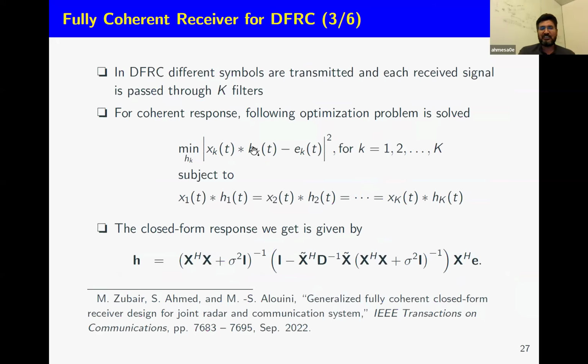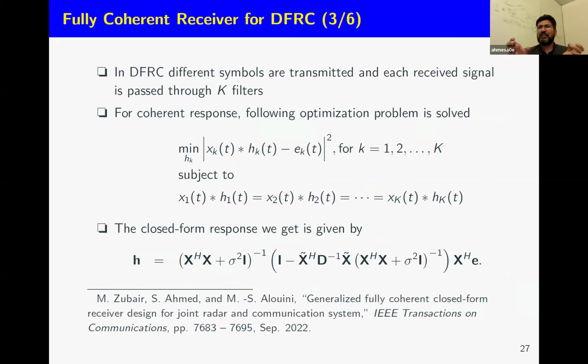This was the setup of the problem, or the cost function. First, we have to decide how many symbols, that is, what modulation scheme we are using. For example, if I'm using a BPSK scheme, I'll design two filters. One filter will be for +1 and the second filter will be for -1.